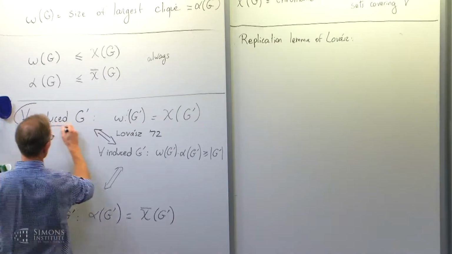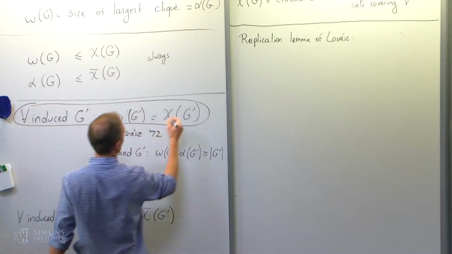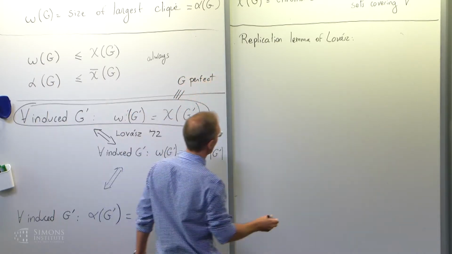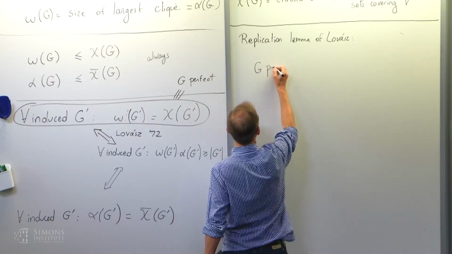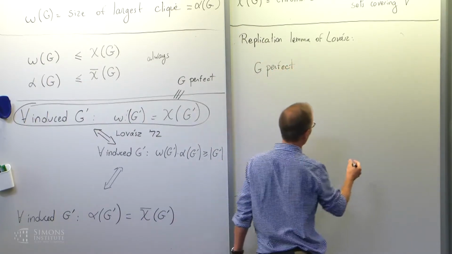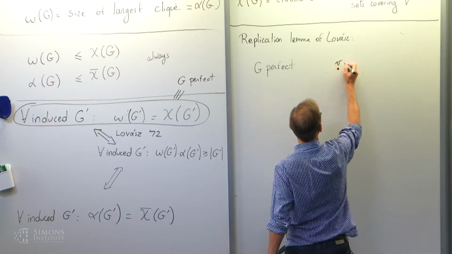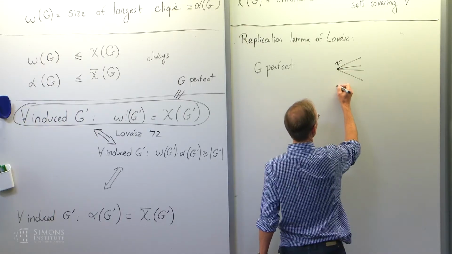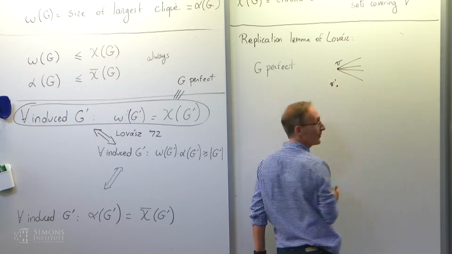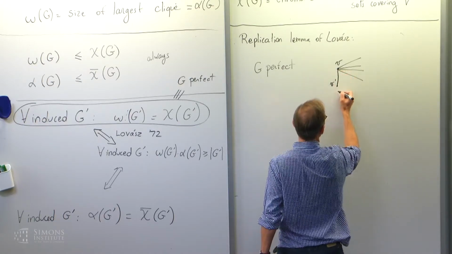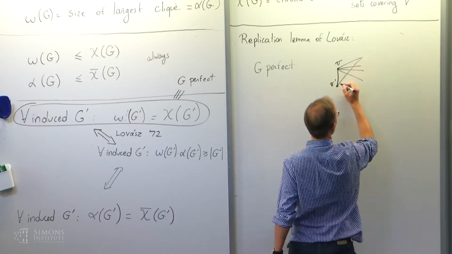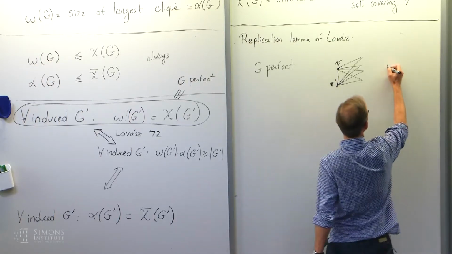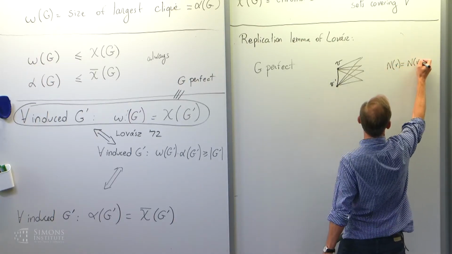Again, let me say that G is perfect. The replication lemma is the following: if G is perfect, if I take a vertex v and I look at its neighbors, and then I duplicate it, meaning that I put a new copy of v, I put an edge between them, and I link that new copy to all the neighbors of v, the same neighbors. So N of v, the neighbors of v, is equal to the neighbors of v prime.